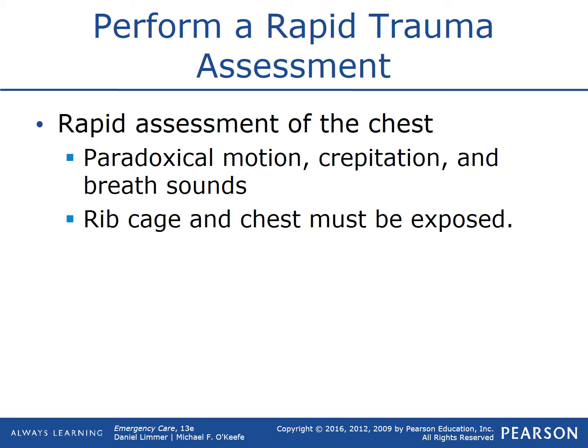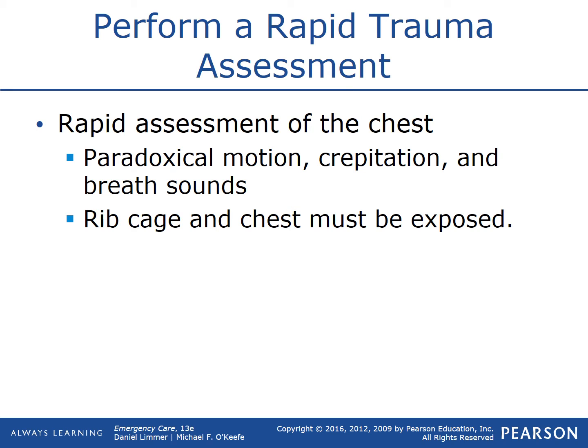So after you see the chest comes up, everything seems to be okay, then you feel. So you'll be checking for any kind of crepitation. Again, all the DCAP-BTLS. So you'll feel on the chest, push on the sternum, squeeze on the ribs. And then you're going to listen for breath sounds. So mid-clavicular on both sides, just below the collarbone, and then listen mid-axillary, checking for breath sounds.